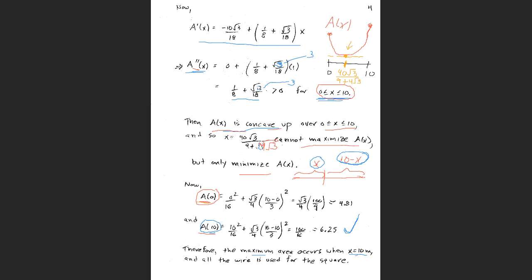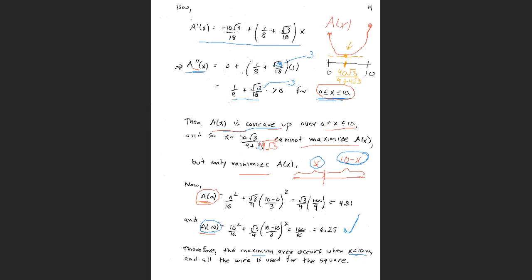So Zoe's right. We do not need to find the area at the critical value, because in the problem it said, how should the wire be cut? Well, maybe the wire should not be cut. If you want to have the most area, don't cut the wire at all, and just make the wire into a square.